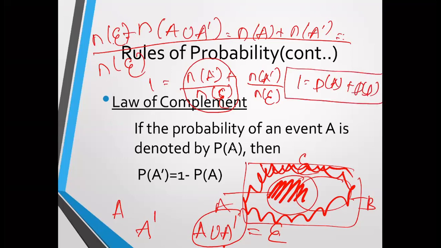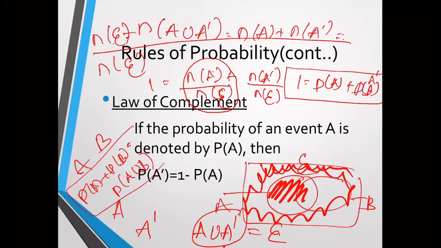We have proved it. Actually, we have discussed this rule, the additive rule. If we have two mutually exclusive events, A and B, then we can write P(A) plus P(B) is equal to P(A union B). I told you that. Here A and A dash can be considered mutually exclusive events.